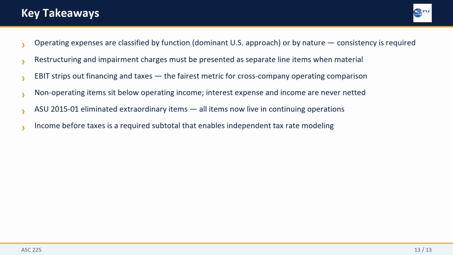Non-operating items belong below that line, and interest expense is never netted against interest income. ASU 2015-01 closed the extraordinary items category in 2016. Every item now lives within continuing operations. And income before taxes is a required subtotal, not a discretionary one.